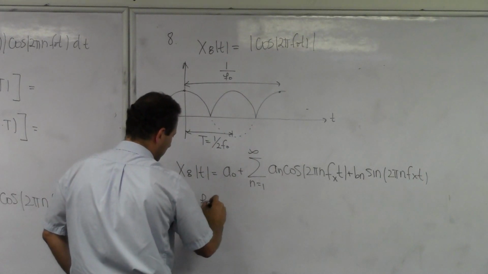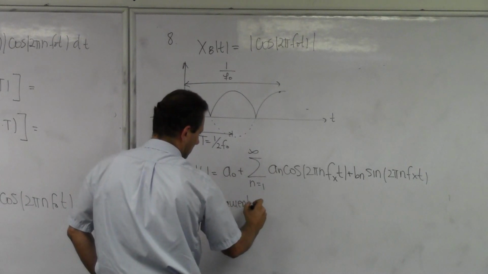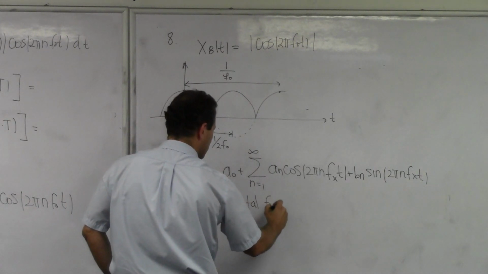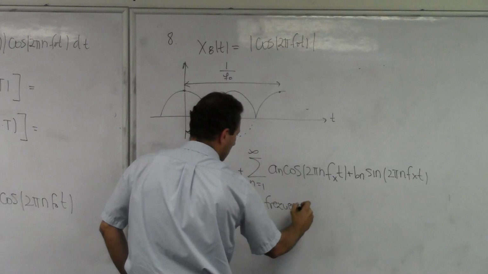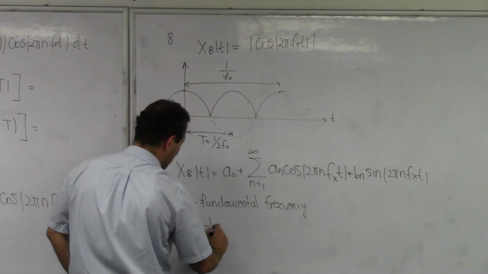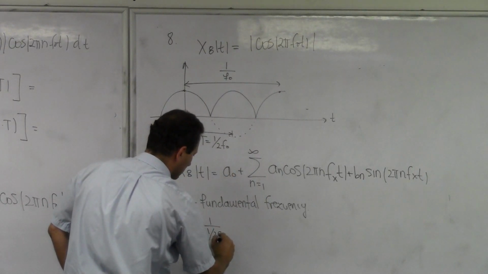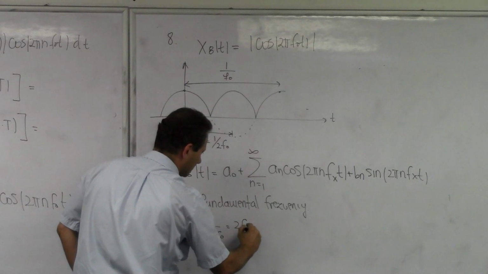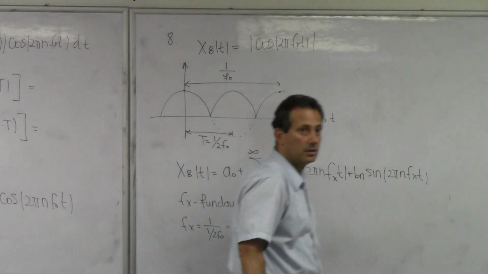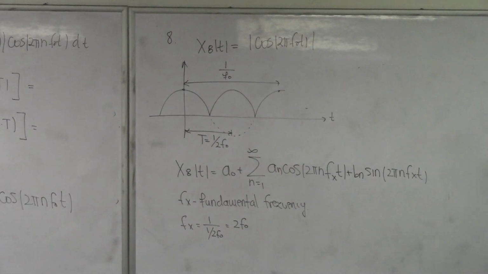Fx is your fundamental frequency. What is the value of fx? Fx is equal to 1 over the period. But the period is 1 over 2f0. So it's 2f0. Right? So it's twice the frequency of this original sinusoid.